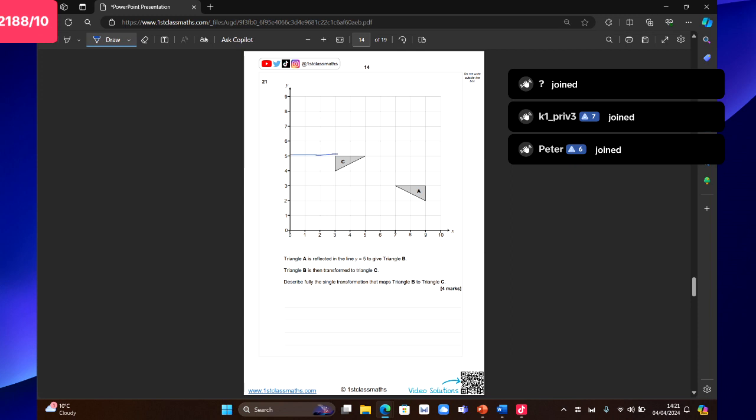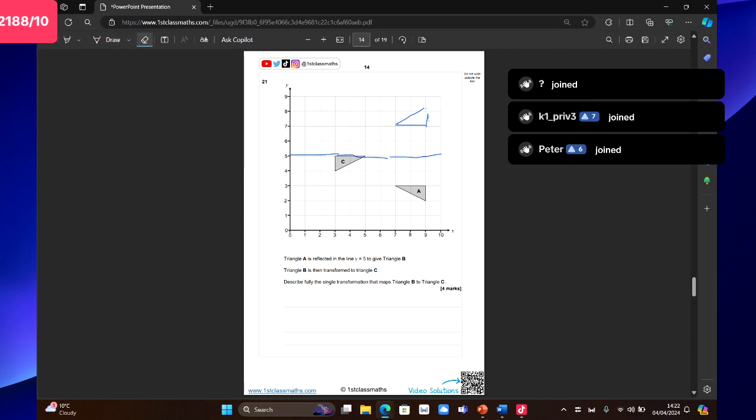So y equals 5 is going to be this horizontal line. Let's just reflect that, so it's going to go there, there, and then there. So it's going to look like this, if I'm not mistaken. So that'll be triangle B.